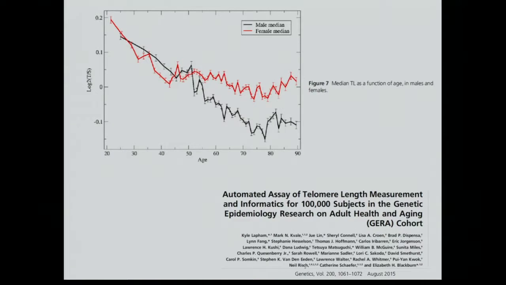For example, now there is a paper about 100,000 subjects in which they measured telomeres, and you can see here that for women there is a completely different curve. Women's telomeres go down with age, and by the age of about 30 they stop shortening, whereas men continue to shorten their telomeres until the age of about 70, and here probably there is some kind of selection.